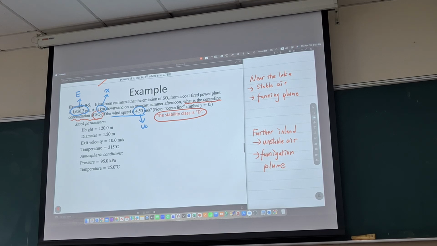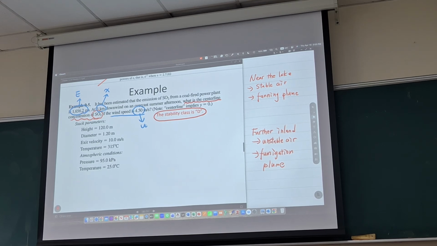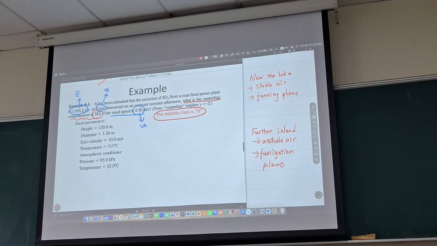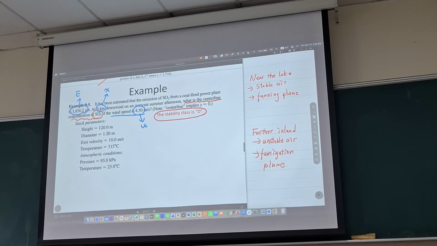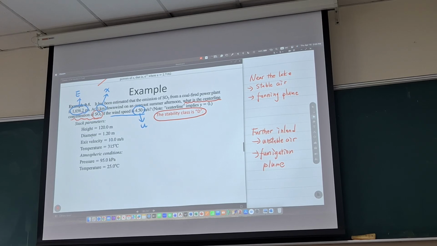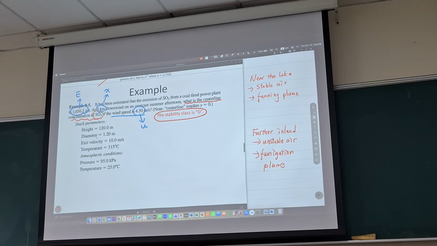For the calculation questions in environmental engineering, if you know how to apply the formula, you are totally fine. I will not ask you to derive that. It's unlike unit operations. Do you have the diameter for the stack?